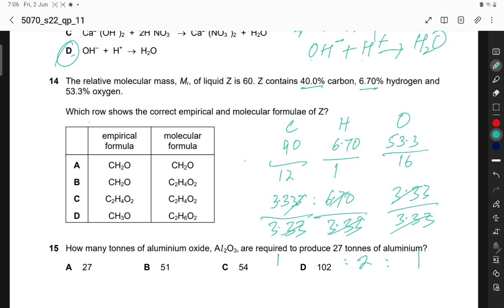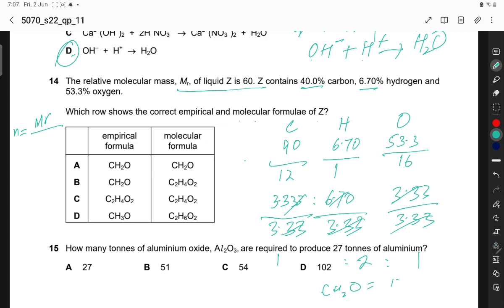Which row shows the correct empirical and molecular formula of Z? Mr of Z is 60, and the empirical formula is CH2O. By calculating the molecular formula, we can find n. n is Mr divided by empirical formula mass.